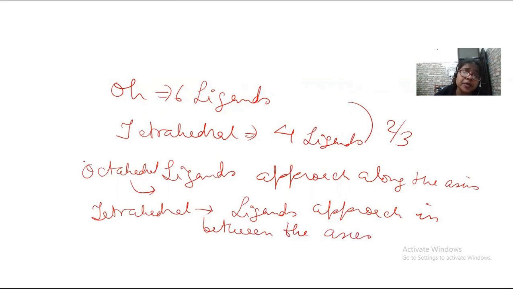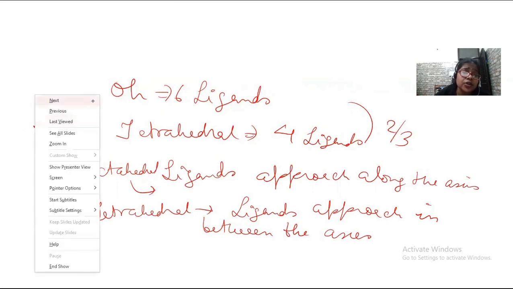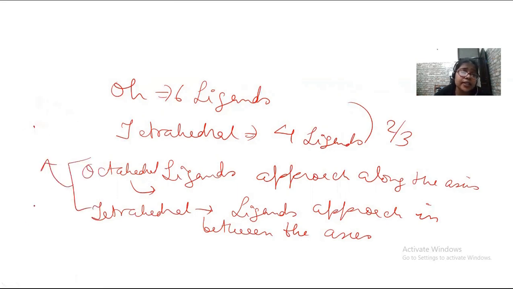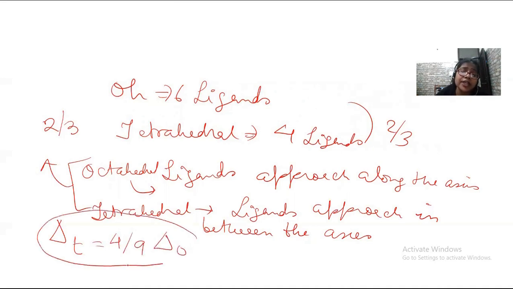So for this phenomenon, there is another reduction of 2/3 of value, okay, compared to octahedral. So the net result we'll see is that delta_t value will be 4 by 9 times of delta_o. Okay, this is a very important relation we have to know.